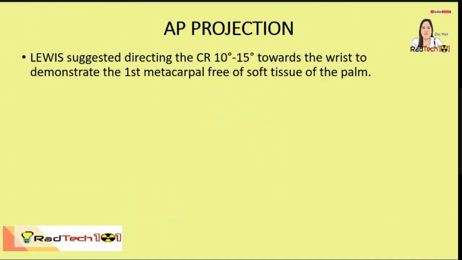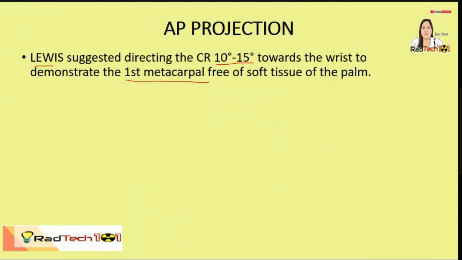So, sa AP projection, si Lewis nagsuggest that the central ray must be angulated from 10 to 15 degrees towards the wrist to clearly demonstrate the first metacarpal free of soft tissue of the palm.